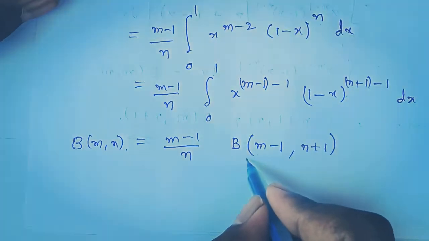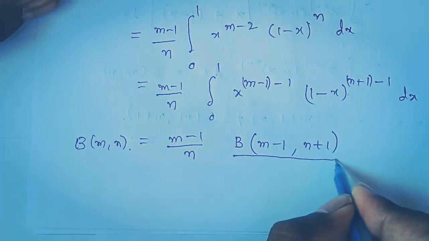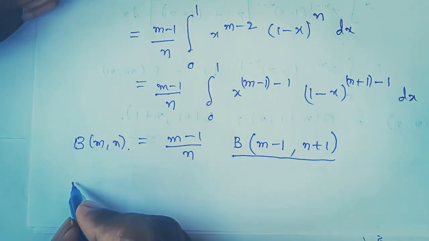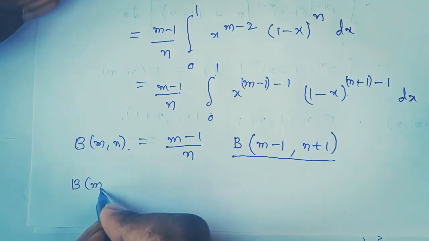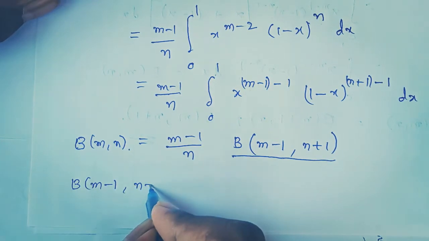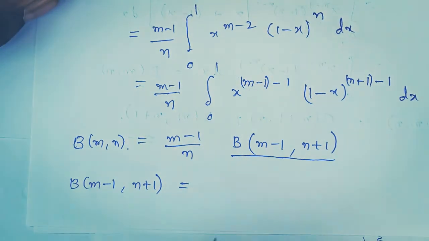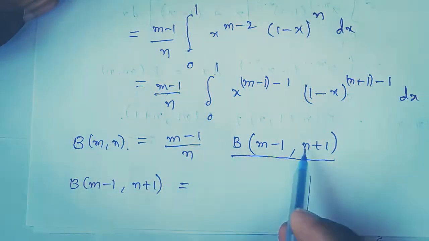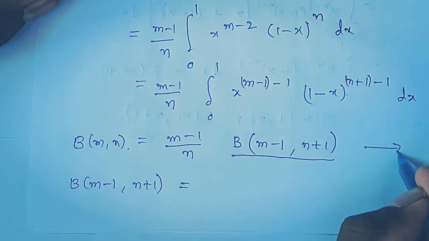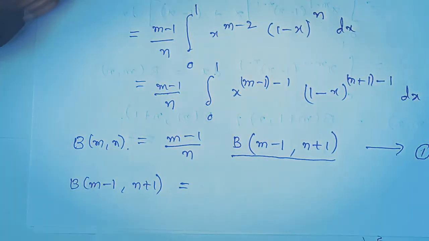Now let us find this value, that is B of (m-1, n+1). Let us consider this as equation 1.